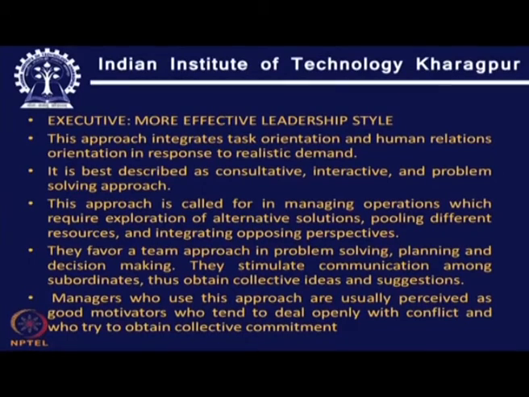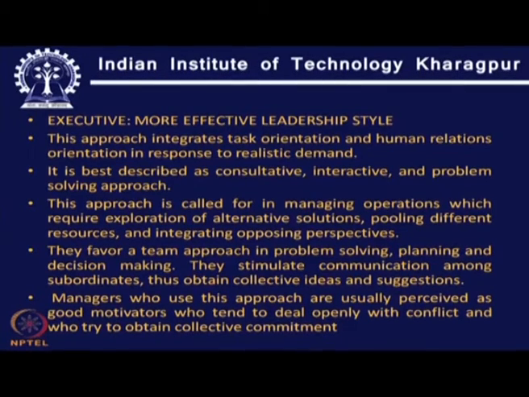The executive has an approach to integrate task orientation and human relations orientation in response to realistic demand. It is a consultative, interactive and problem solving approach. This approach is called managing operations, which requires exploration of alternate solutions.